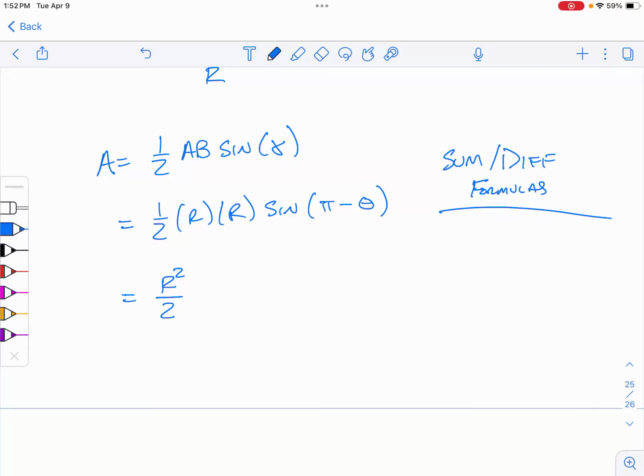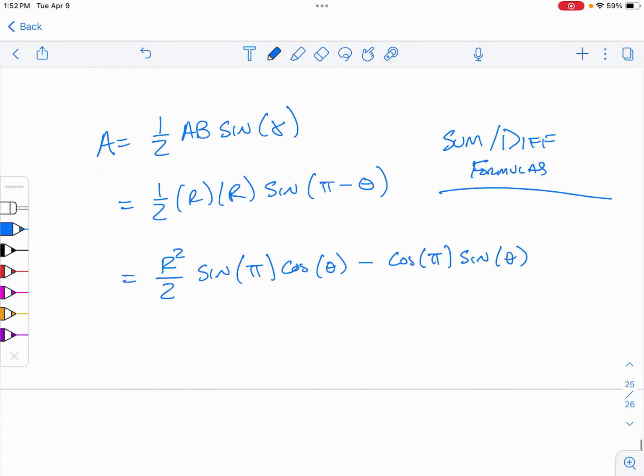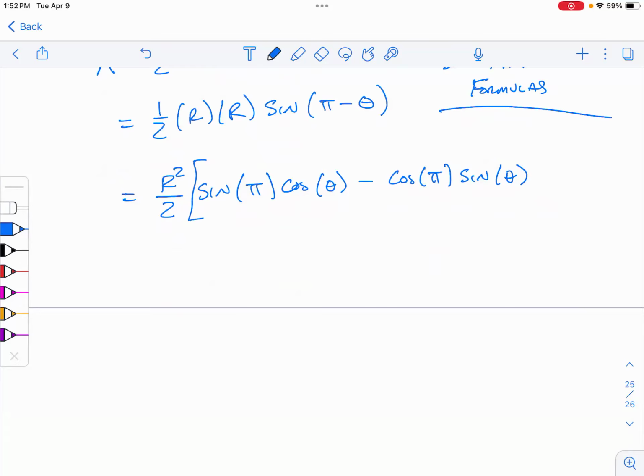So sine cosine plus cosine sine. I don't want that whole thing in parentheses. And then we just have to do this piece at a time.